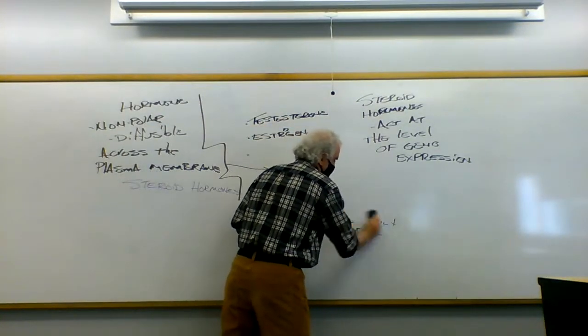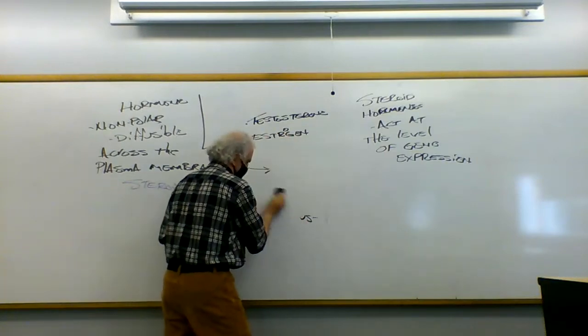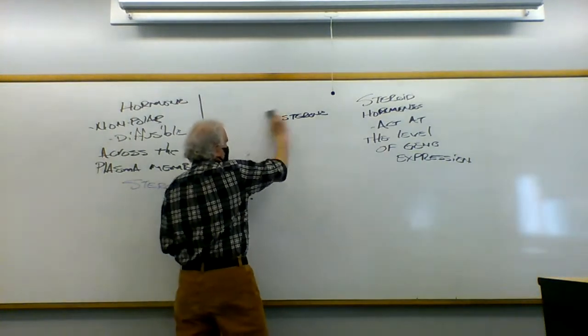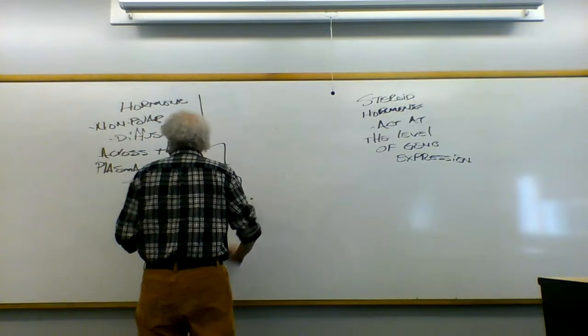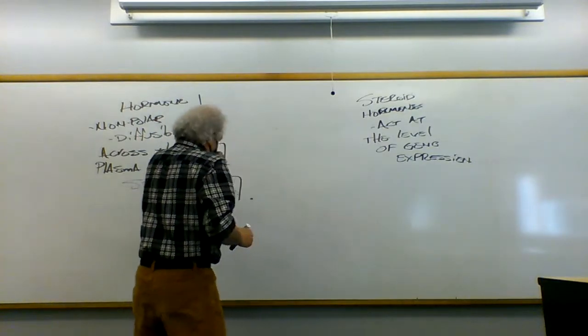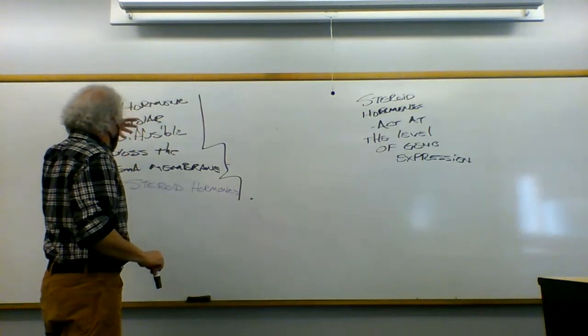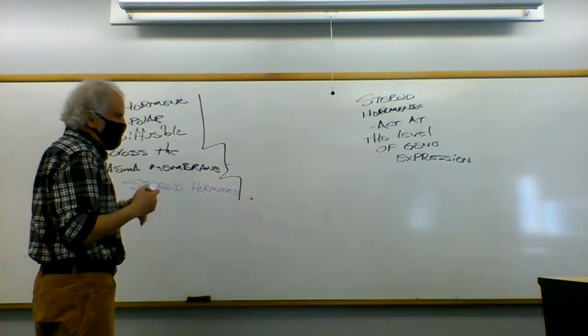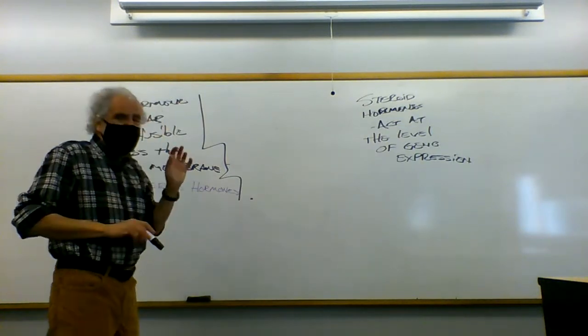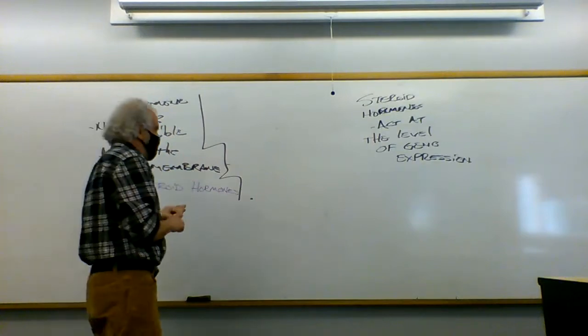And as you'll see, we'll be contrasting that in just a moment. So steroid hormones and pretty much all of the nonpolar, diffusible across the membrane type hormones, they're acting at the level of gene expression.